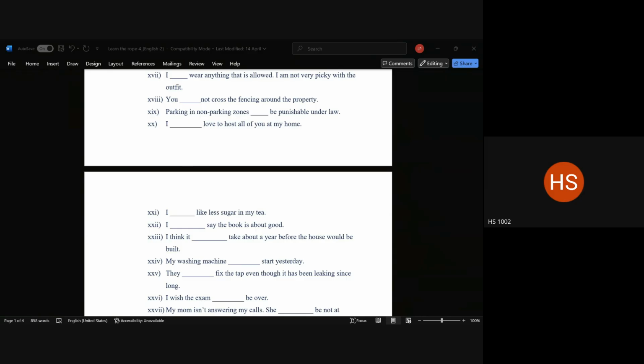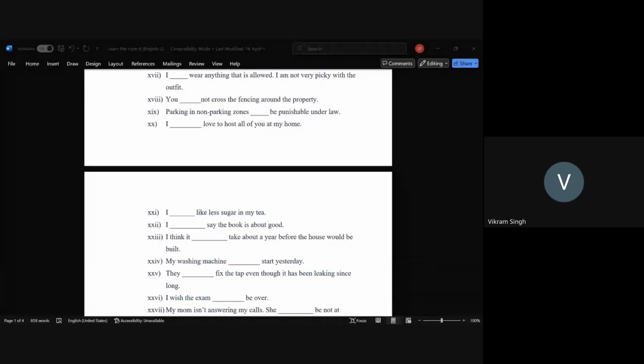Then you are basically saying cannot because there's a negation after that. Given the structural limitations, maybe cannot comes. But independent of that blank, you can say you cannot cross the fencing. That is right.